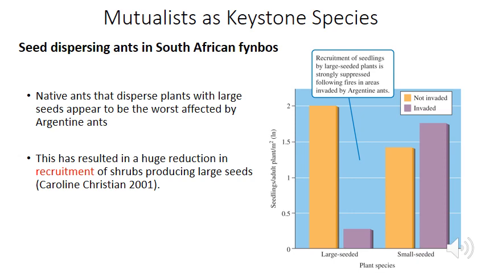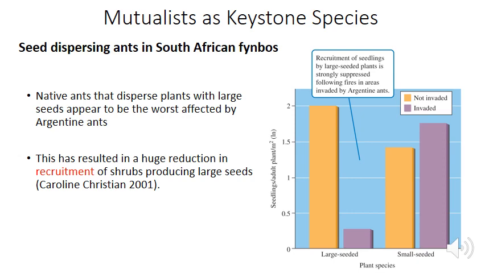So these Argentine ants are displacing ant species that would usually disperse seeds. And in particular, it seems that plants with large seeds are being affected more by this. So the Argentine ants are displacing many of the ant species that would disperse large seeds. So this has resulted in a huge reduction in recruitment of shrubs producing large seeds in these habitats.